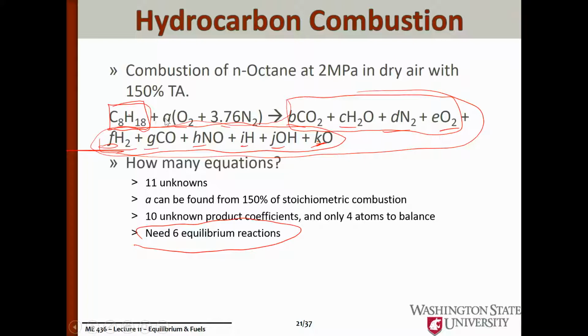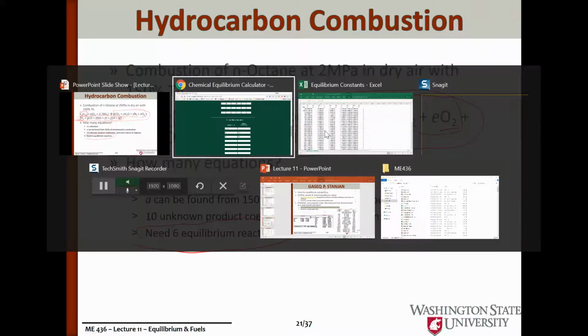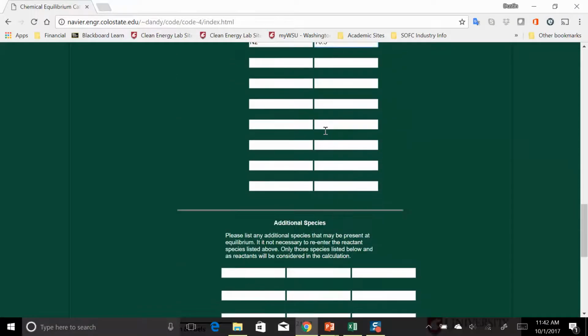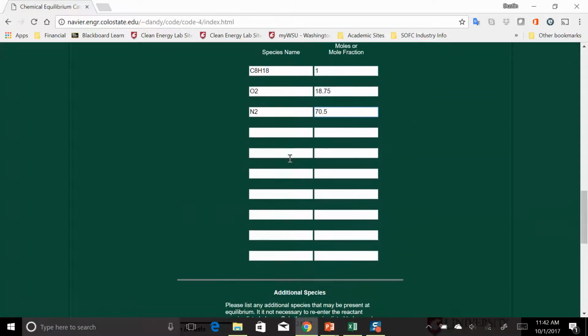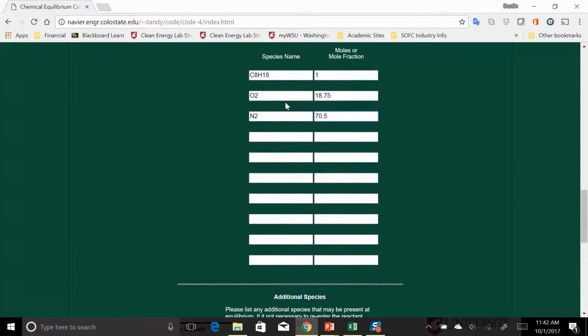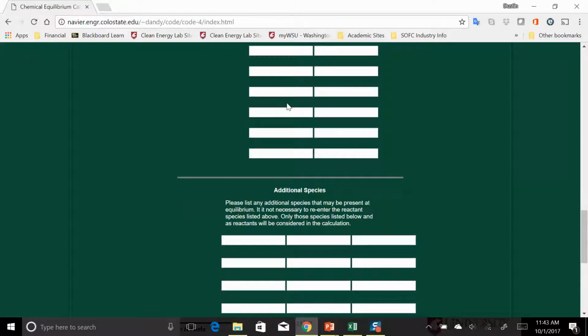I found A to be 18.75, and I'm specifying what the reactant side is. Now I need to just identify what products I'm interested in. So if I go down to the next section here, additional species. I need to note any species that aren't in the products that could be in the reactants.